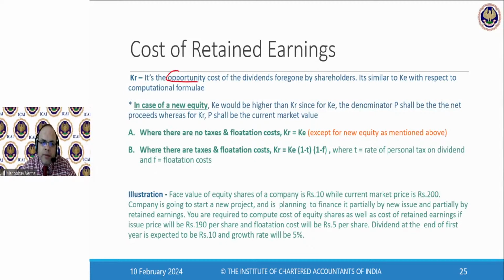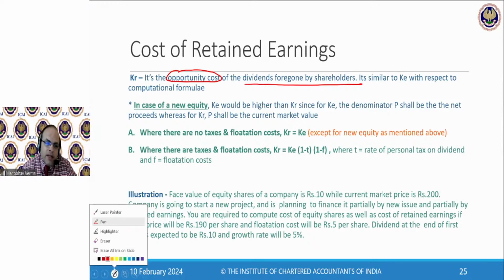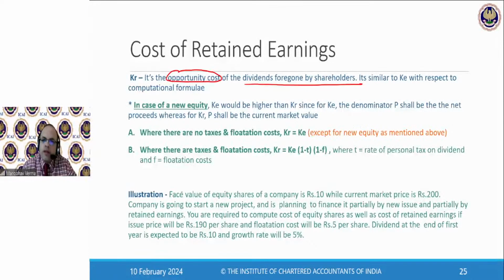That's pretty much the golden word here. Why is it an opportunity cost? Because it's an amount in the form of dividend which is not distributed. It's dividend foregone. But my point here is that the cost of retained earnings should ideally be similar or the same as cost of equity with respect to how it is computed, because it is part of the equity itself.